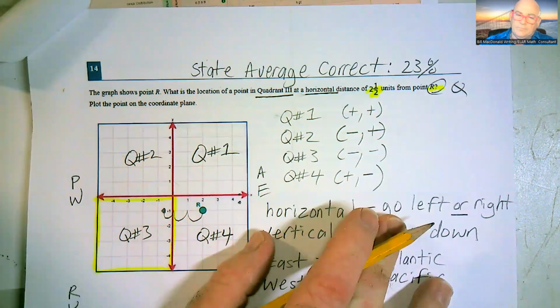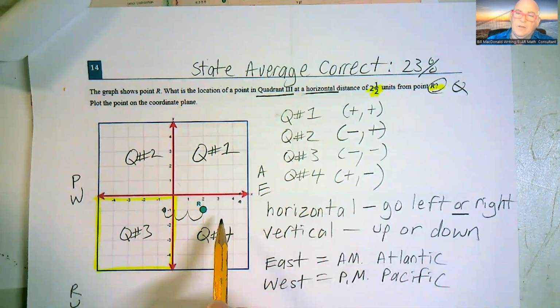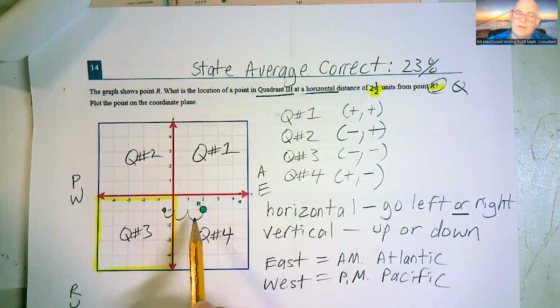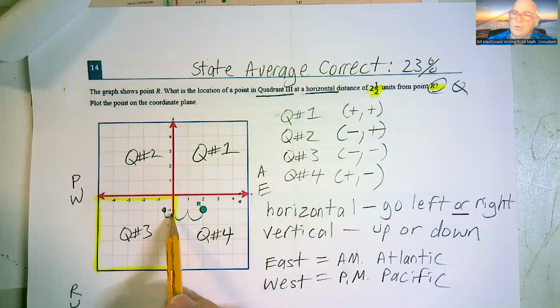Then your kids had to know that they had to be in quadrant 3. So the only way to get horizontal, go left or right, they had to go left 1, 2, and 1/2 units.